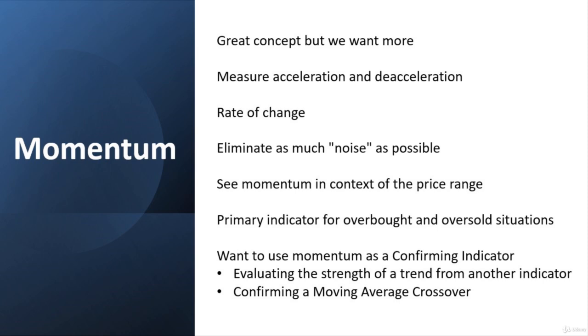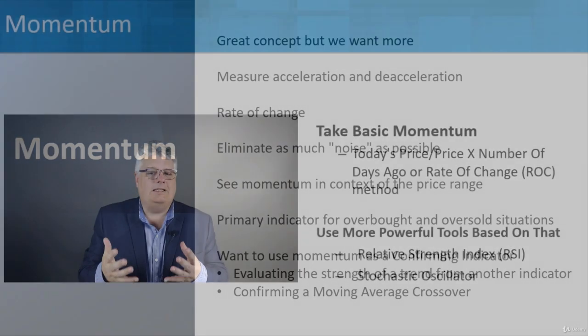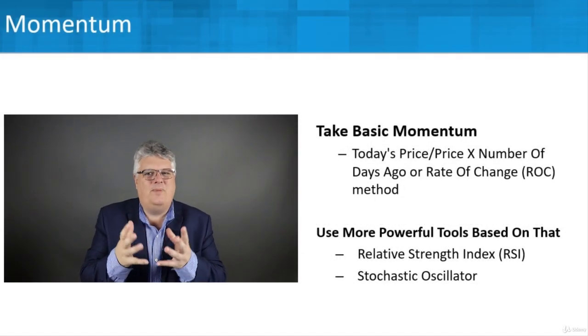You could say, I think there's a trend here. I'm seeing a crossover. I want to confirm that with a momentum indicator, to see if it's also saying we might have a good opportunity to buy or sell by looking at that price change, acceleration and deceleration.